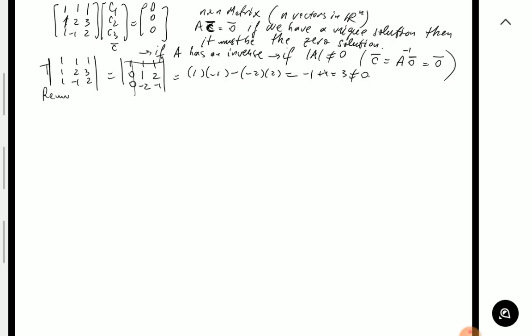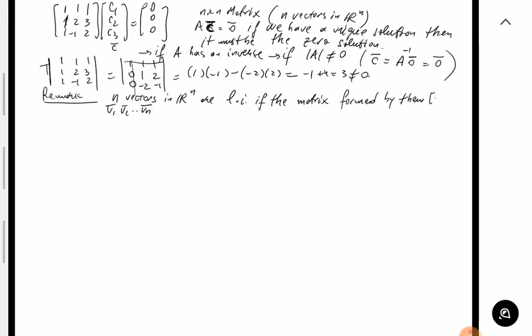let's write this as a remark. n vectors in Rn are linearly independent if the matrix formed by them, so n vectors, let's say v1, v2, dot, dot, dot, vn, if the matrix with the columns v1, v2, vn, has the determinant not equal to 0.